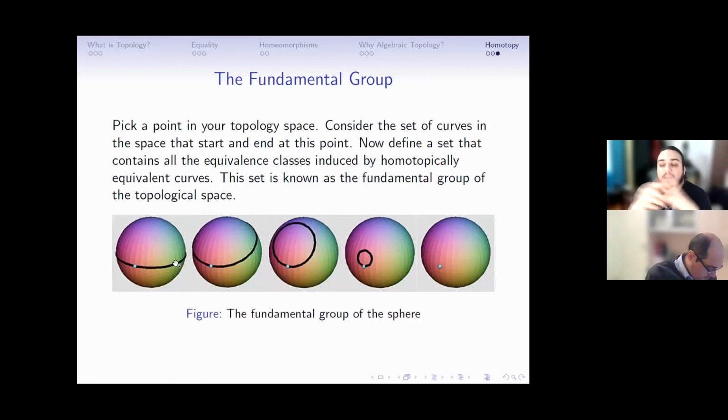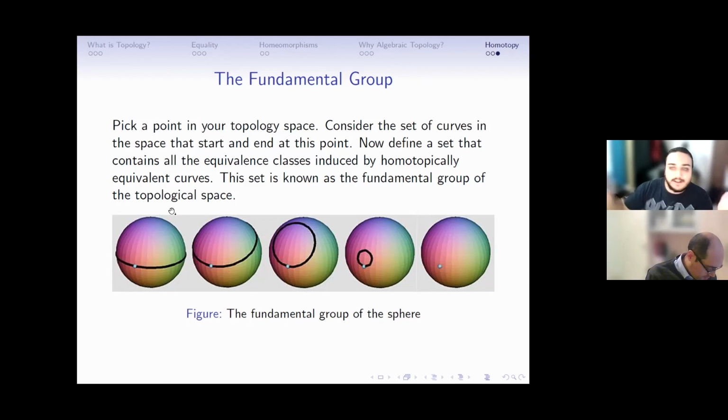Now, take that set of curves and divide it up into equivalence classes based on homotopy. So you equate all of those that can be continuously deformed from one into another, right? And from that you get a group.